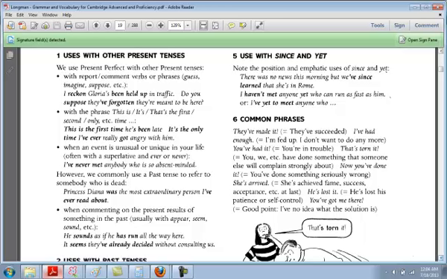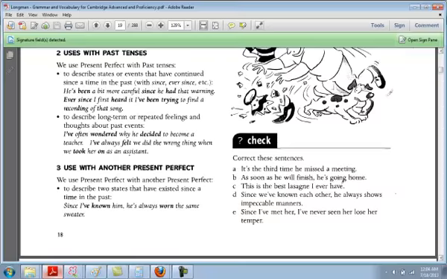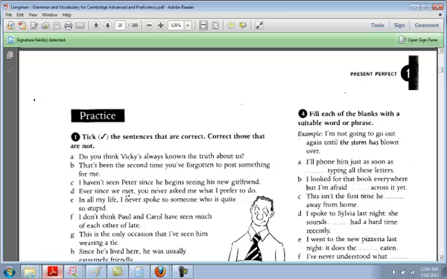Let's try another. When an event is unusual or unique in your life, I've never met anybody who is so absent-minded. So, do you think Vicky has always known the truth about us? Yes, I think it's correct. That's been the second time you have forgotten to post something for me.